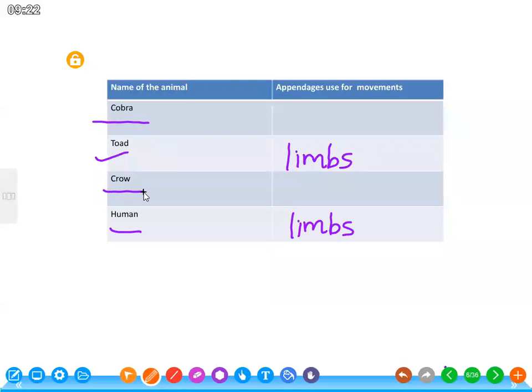And crow, wings. These are birds, they use wings for their movement.